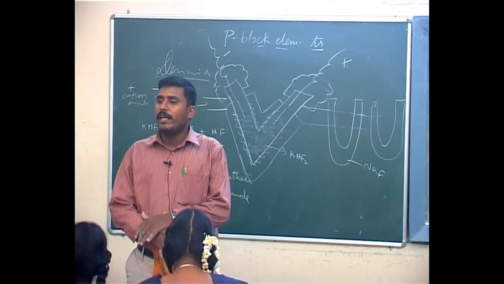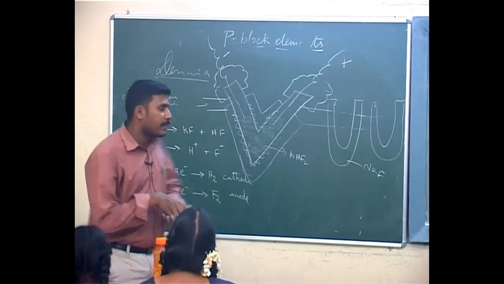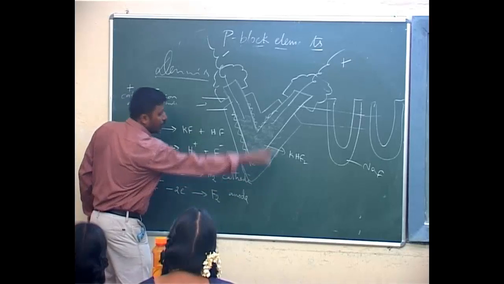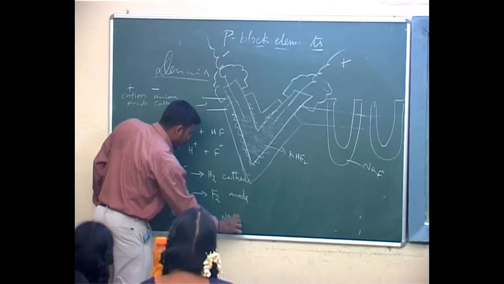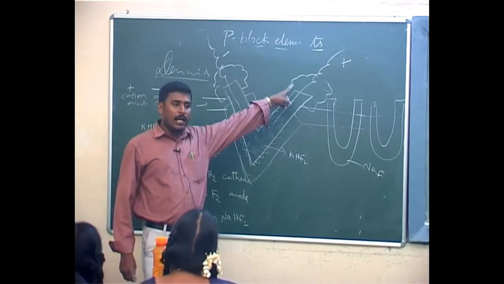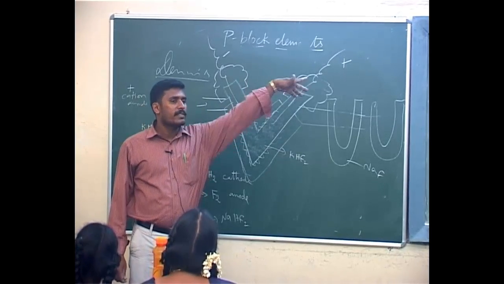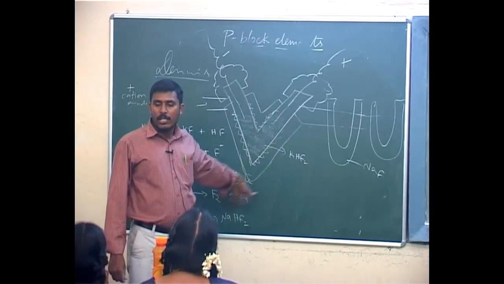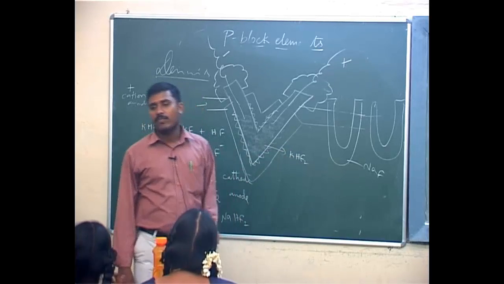Suppose a very small amount of HF is also present along with the fluorine, that HF reacts with the NaF in the U tube and becomes sodium hydrogen fluoride, NaHF2.